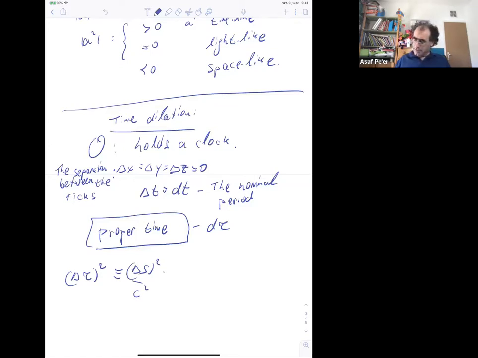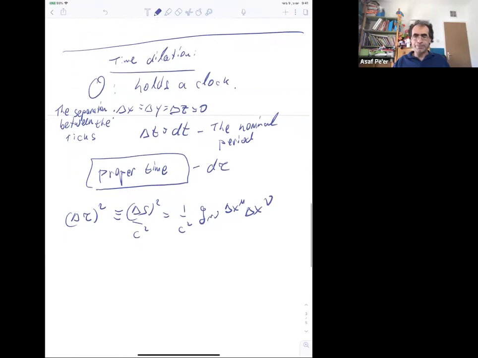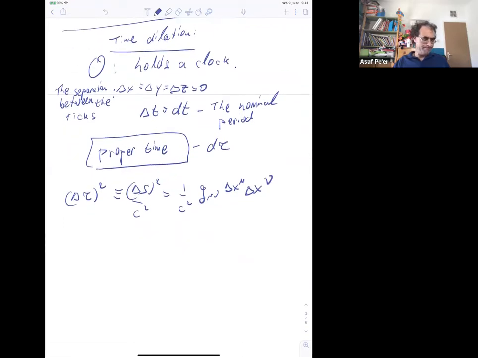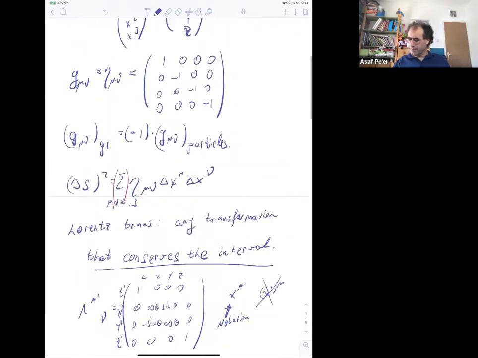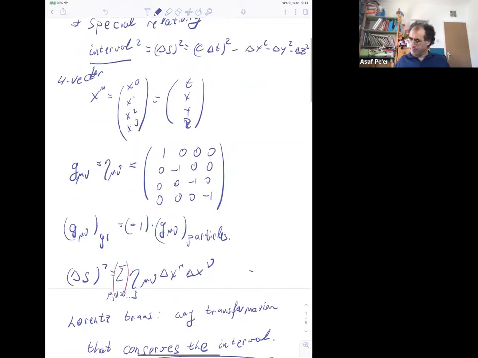So this is the definition of the interval: 1 over c squared times g mu nu delta x mu delta x nu. This is what we had here.